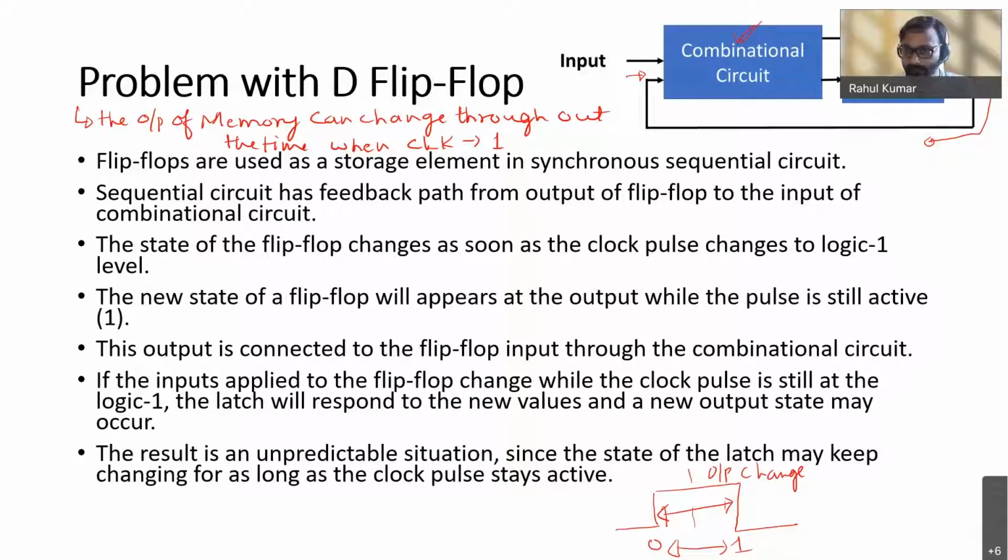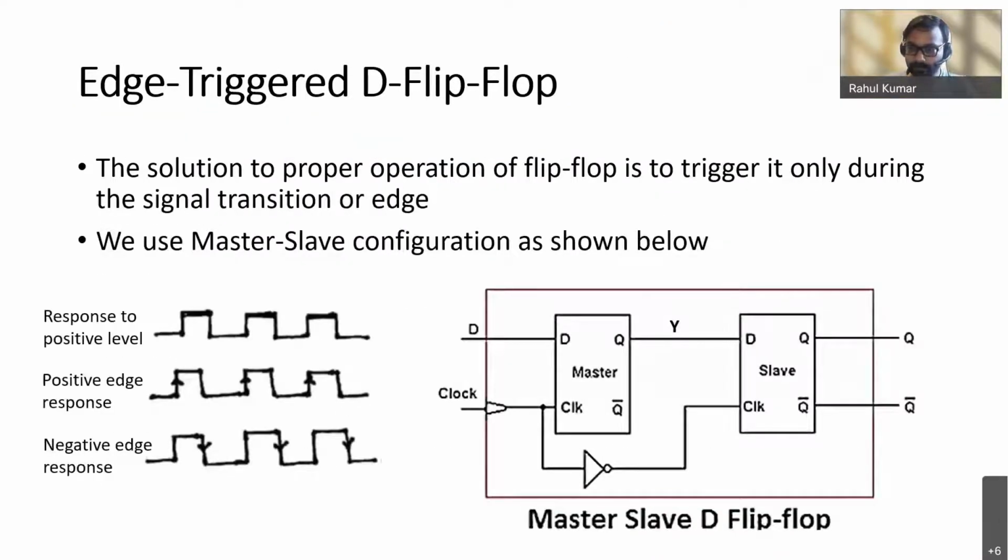Okay. So the same thing, I have explained it here in this text. You can read it. But the solution of this is what I am going to discuss next. So the solution of this is using two D flip-flops.